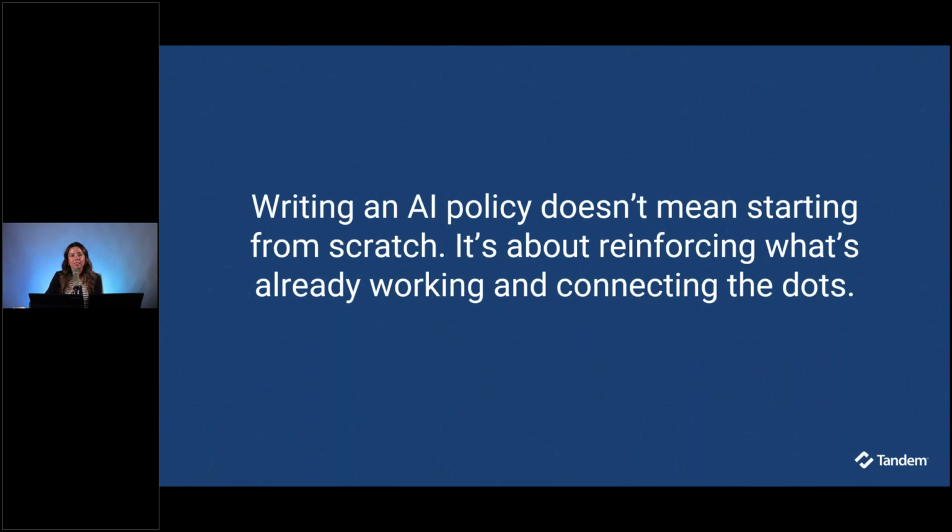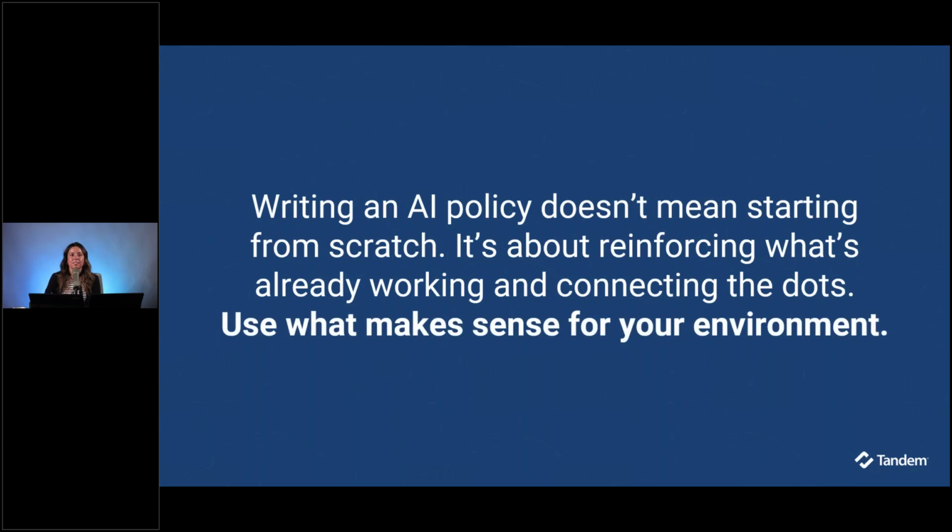These additional policies may not apply to everyone, but the point is, use what makes sense for your environment. The more you treat AI as an integrated part of your tech and governance ecosystem, the easier it is to manage the risk and the more confident your team will feel using it.